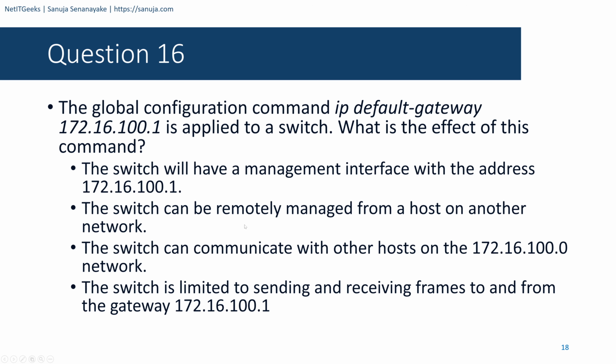The switch can be remotely managed from a host on another network. The switch can communicate with other hosts on the 172.16.100.0 network. The switch is limited to sending and receiving frames to and from the gateway 172.16.100.1. I'll give you a little bit of time to think about it.